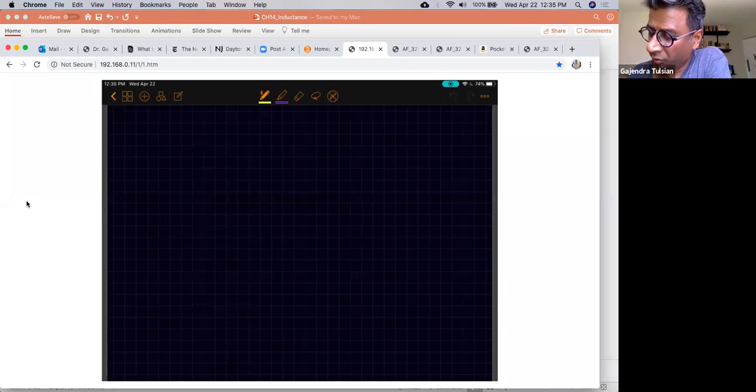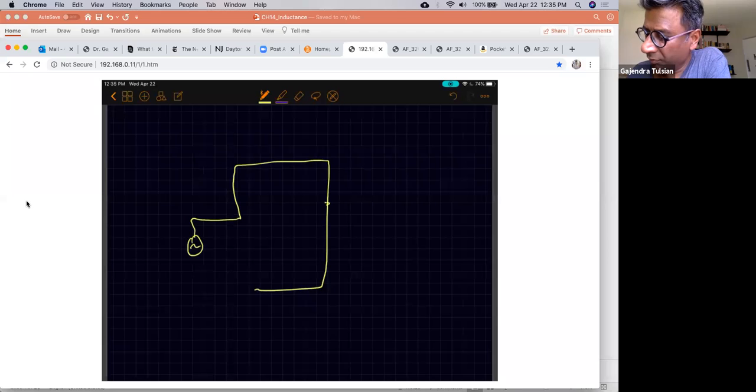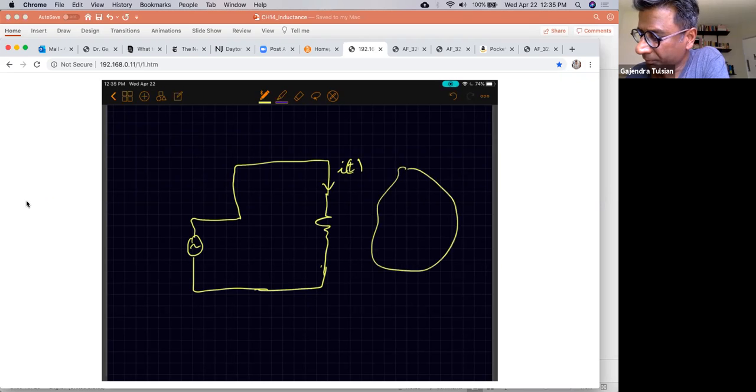So this is an AC source, which we'll actually talk about in the next chapter. But anyway, here's a circuit with an AC source, so the current is a function of time. And let's say here's a nearby circuit.